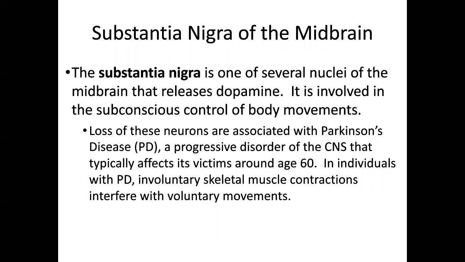Typically, it affects victims around the age of 60. Talked about Michael J. Fox. He, I think, was in his 40s when he was diagnosed, and unfortunately, he still suffers from it today. There are treatments that help alleviate it, but there's no cure, no way to prevent it. It's just a crappy situation for those people.